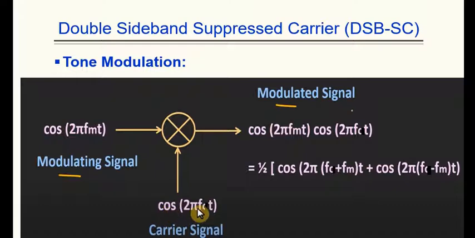So it will be cosine 2 pi fct multiplied by the product multiplier. So cosine 2 pi fmt multiplied by cosine 2 pi fct. Using this trigonometric identity, we can manipulate or express this in this form, straightforward.